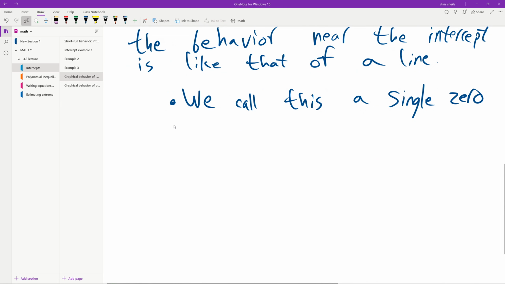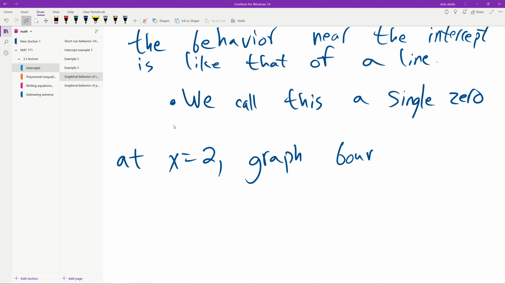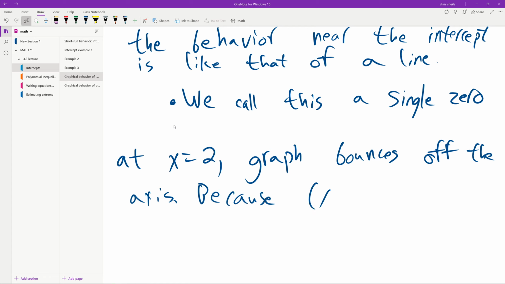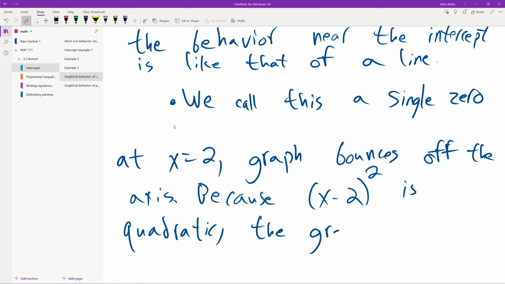So at x equals 2, the graph bounces off the axis, because that corresponding factor, x minus 2 squared, is quadratic, so the graph behaves like a quadratic at that intercept.